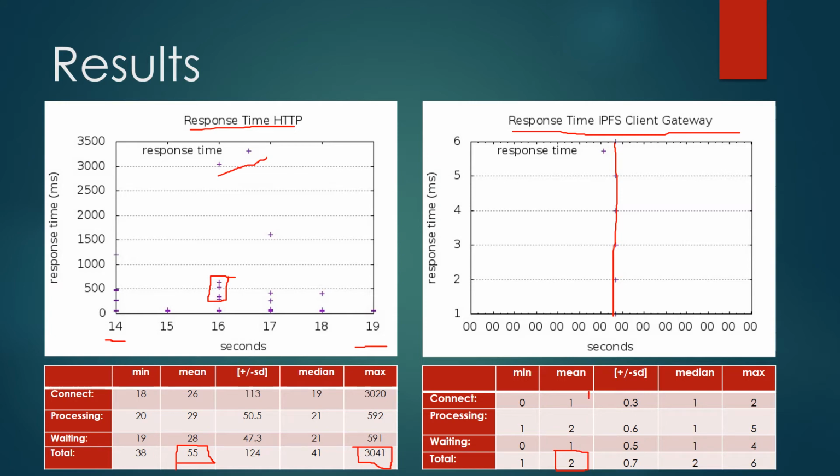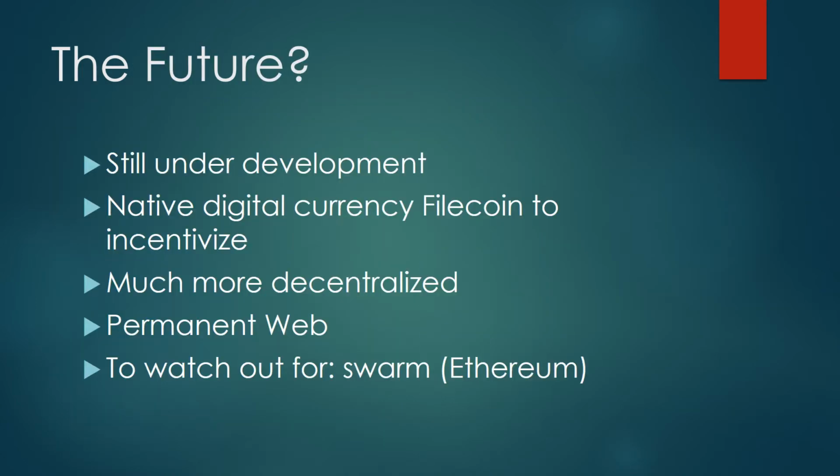And the connect time is 1 millisecond because the IPFS gateway that my browser connected to was directly on my local machine. As we saw, because of IPFS's distributed nature, retrieving files repeatedly is insanely fast.